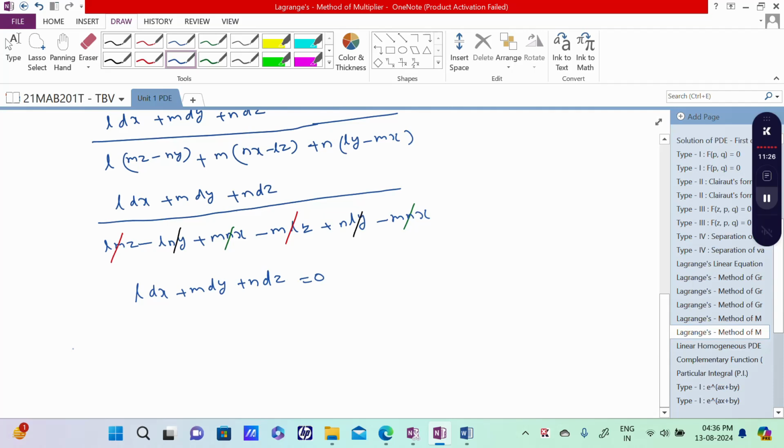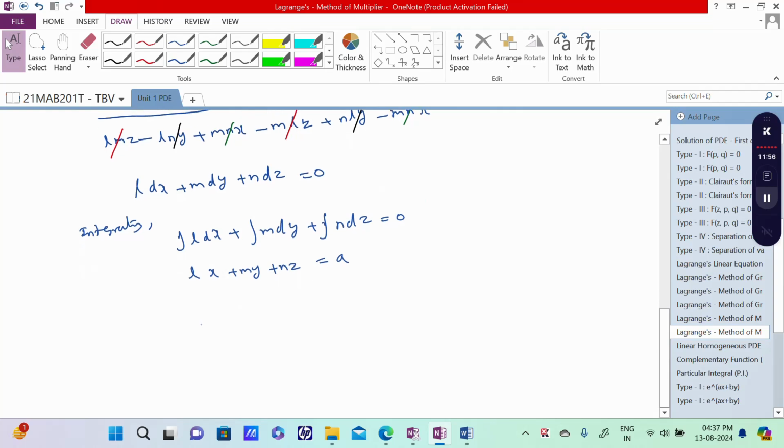Direct integration: integrating l dx plus m dy plus n dz equal to 0, we get lx plus my plus nz equal to a constant, so u equal to a, then u equal to lx plus my plus nz.